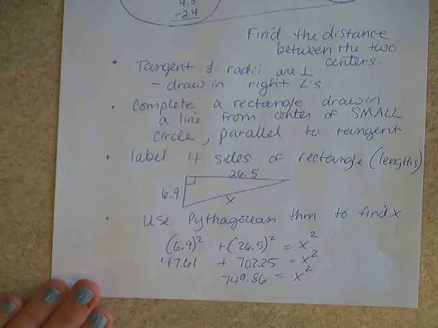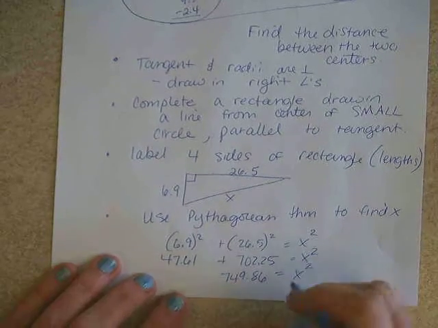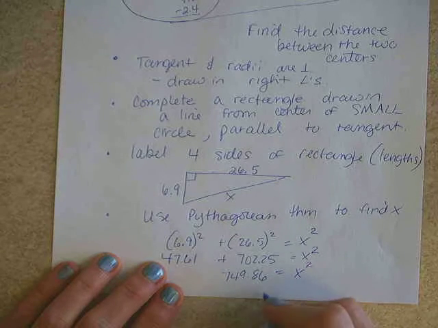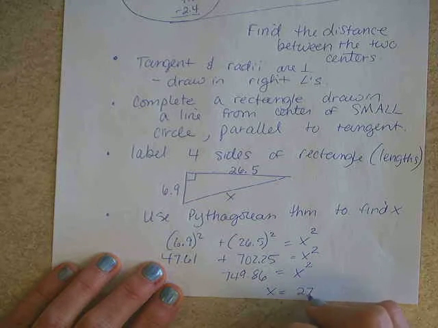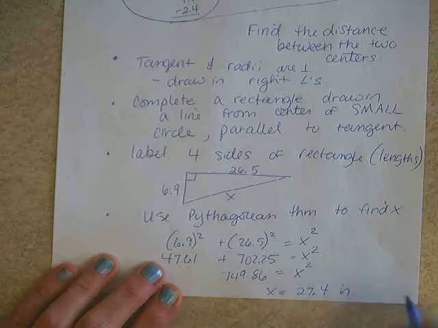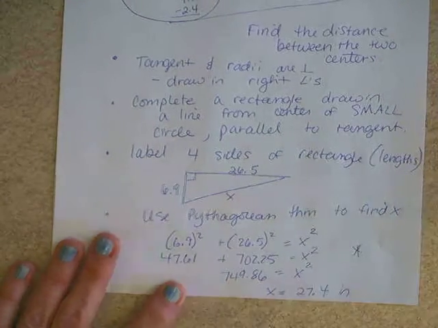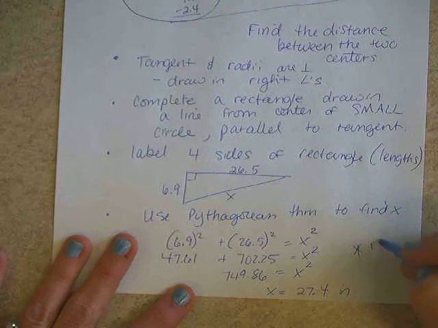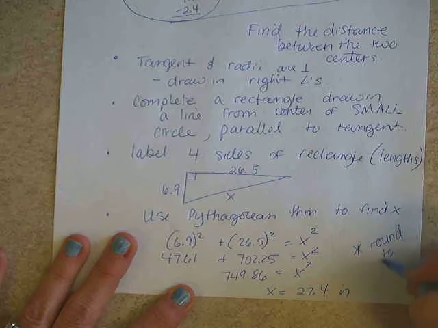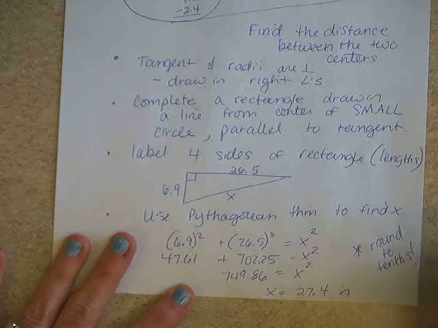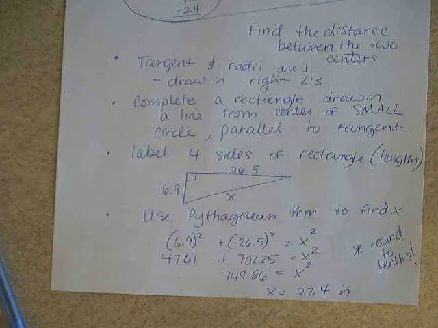So 749.86 equals x squared. You're going to take your square roots, and x will be 27.4 inches.